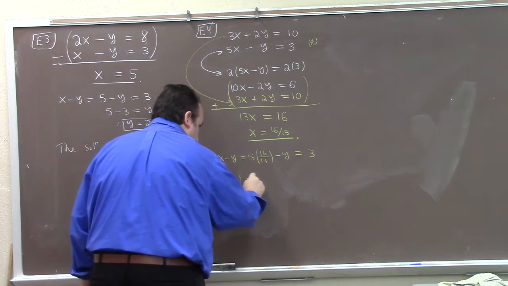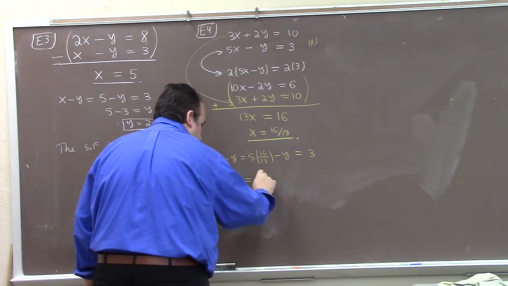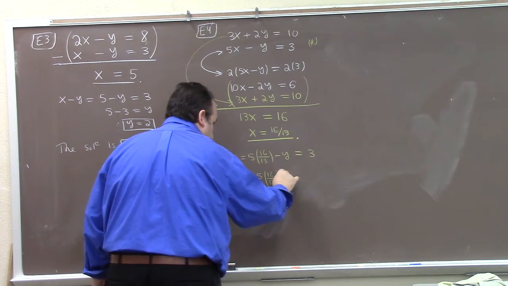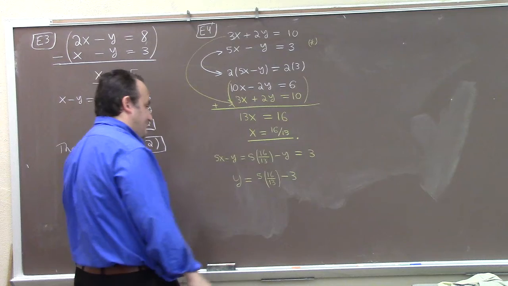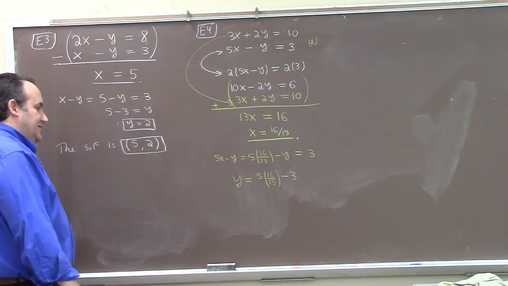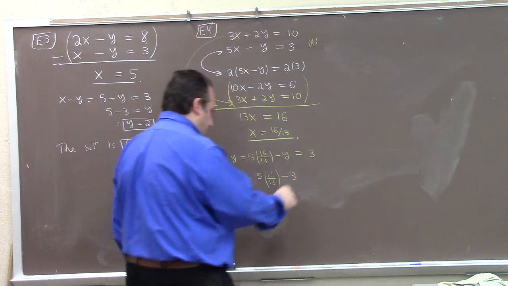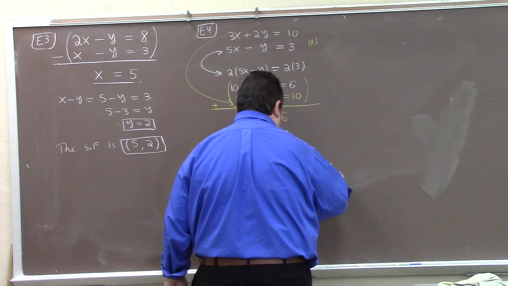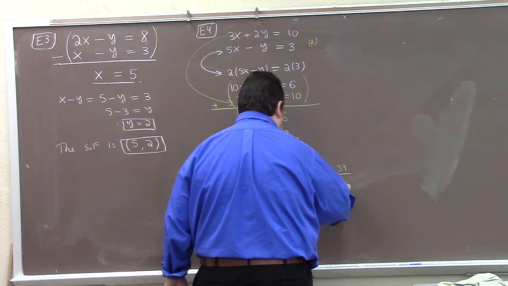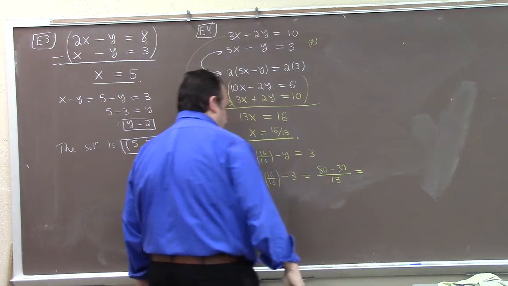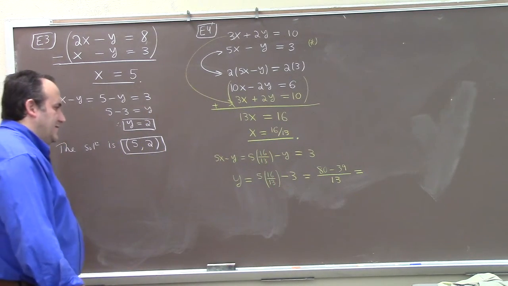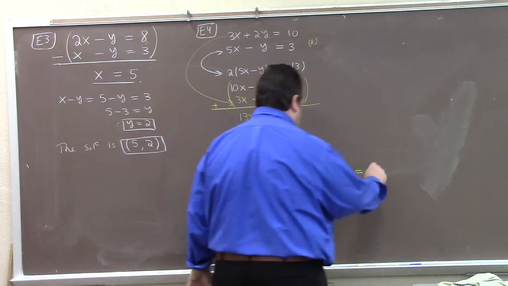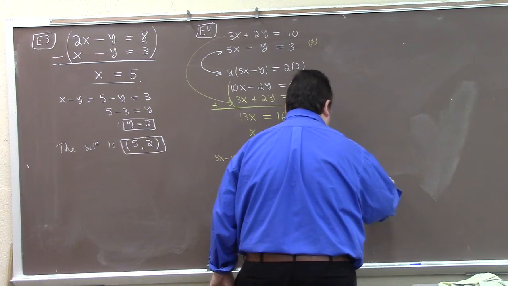So y is equal to 5 times 16 over 13 minus 3, I believe. How many 13ths is 3? Well, it's 39/13, yeah? So we get 5 times 16, which is 80, minus 39 over 13, I think. Use your calculator if you don't trust me. I don't trust me. What do you guys get for y? I'm getting 41 over 13, but, you know, I've made mistakes before.